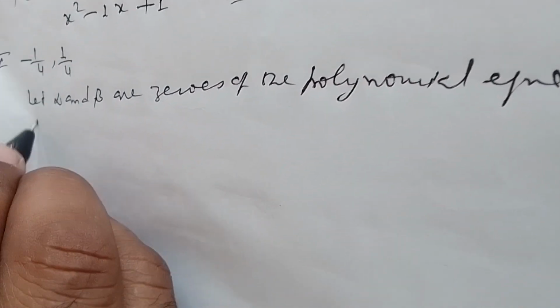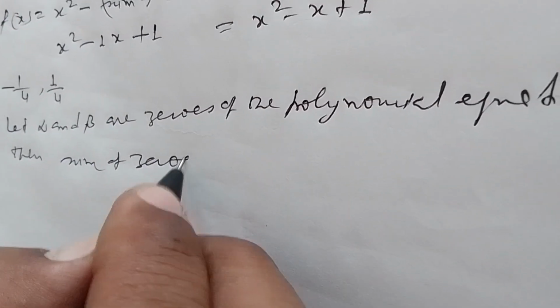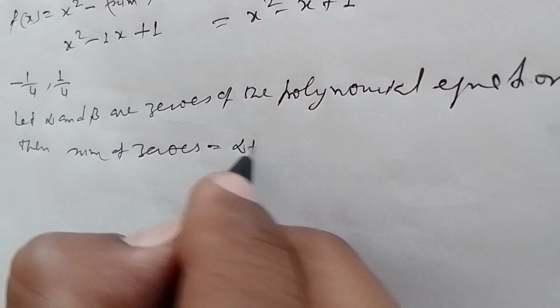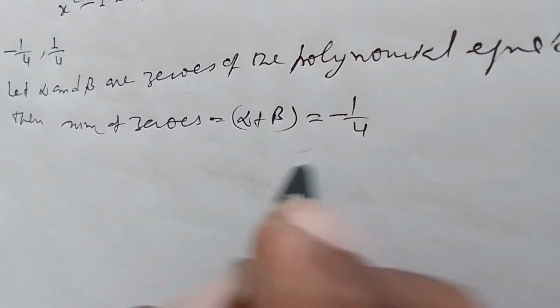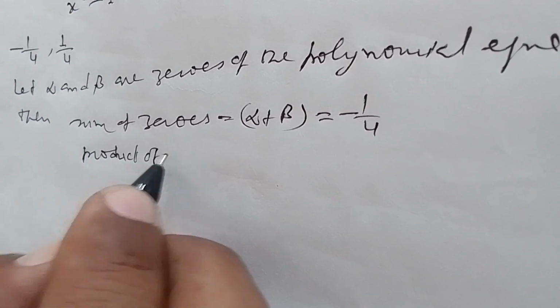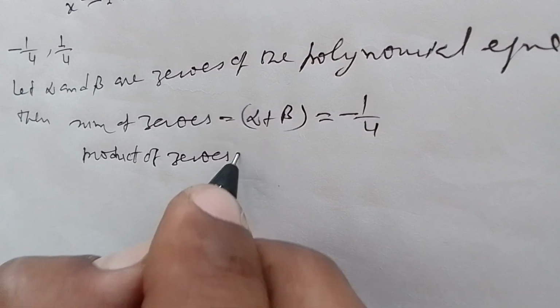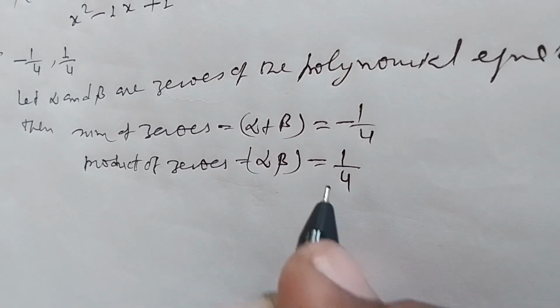Then the sum of zeros, alpha plus beta, is equal to minus 1 by 4. The product of zeros, alpha multiplied by beta, comes out to be 1 by 4.